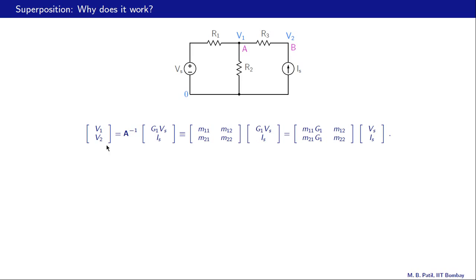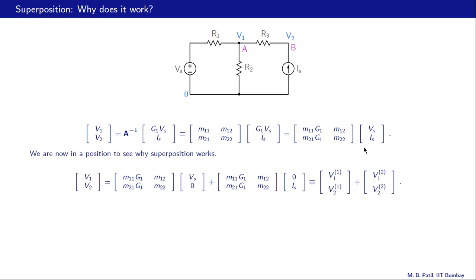So finally our V1, V2 is given by this matrix multiplied by this column vector, which consists of the two source terms Vs and Is. Now this column vector can be written as a sum of two column vectors, Vs 0 and 0 Is. And when we do that, we get this following equation.